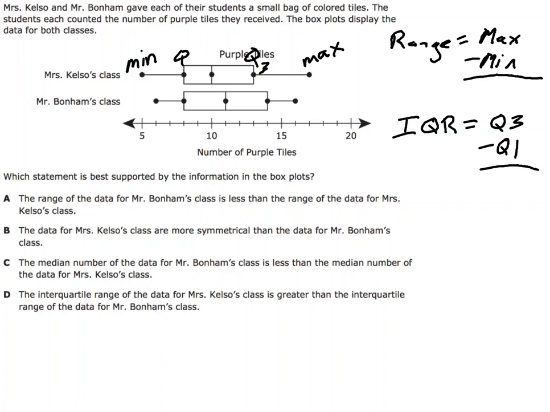When we say range, it's the maximum value minus the minimum value. When we say IQR, it's just like range, but we're only looking for the range within the box. And then we have the median right there.